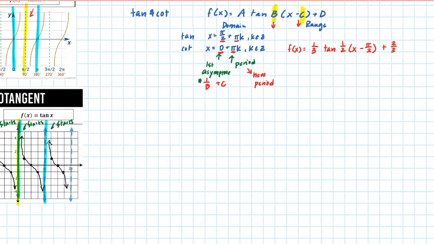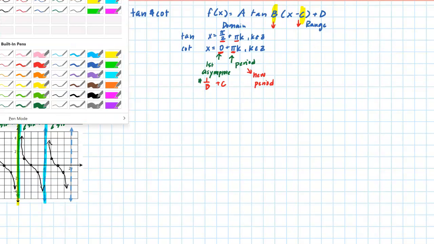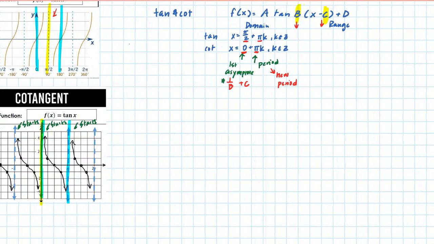And so that means that it's tangent. For my parent function, I shouldn't have put it there because that's where my range goes. Let's see if I remember. x equals, I think I had 1/3 tangent, and then 1/2 x minus pi over 2 plus 2/3. This is my A value, this is my B value, that's my C value, and that's my D value.